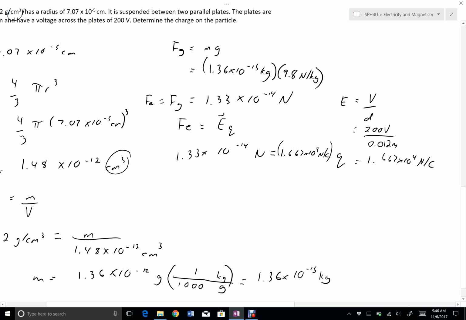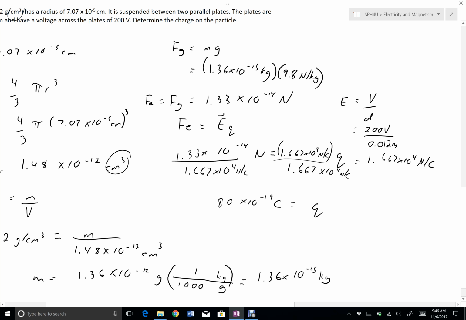Now I can solve for the charge by dividing both sides by 1.667 times 10 to the 4. And I get 8.0 times 10 to the negative 19 coulombs of charge.